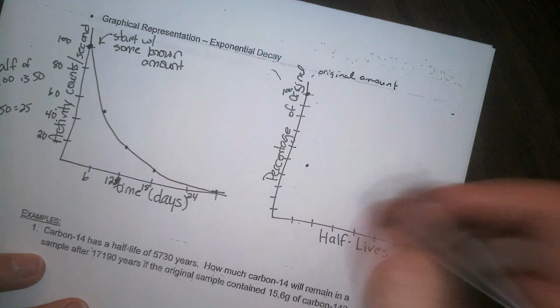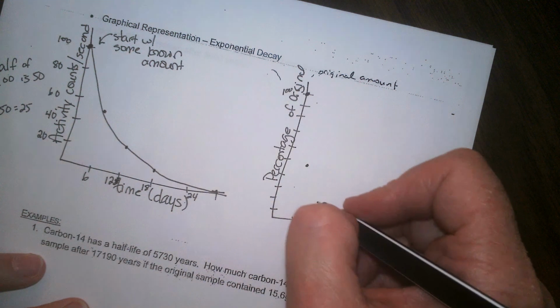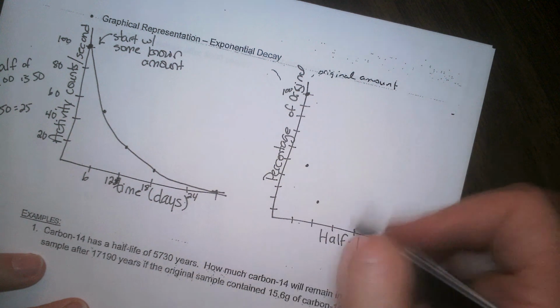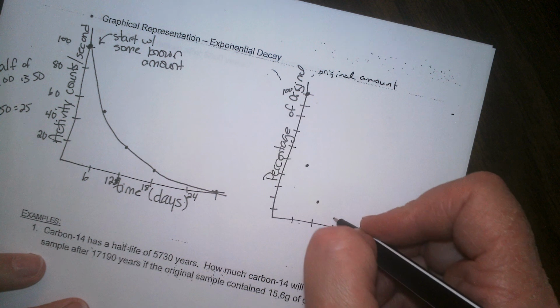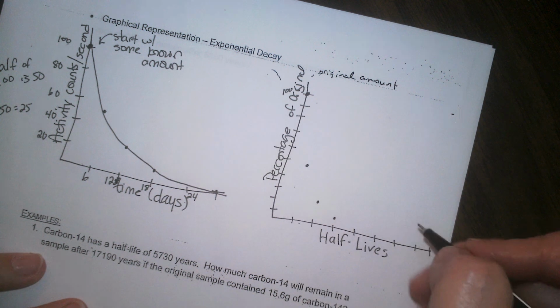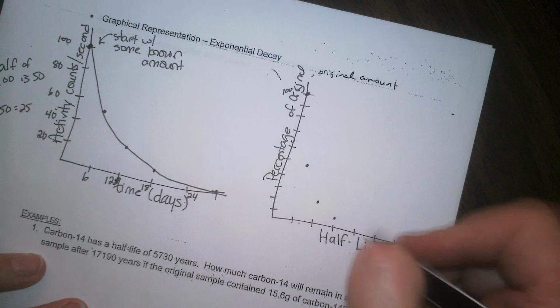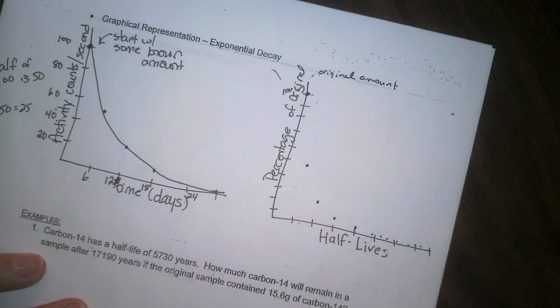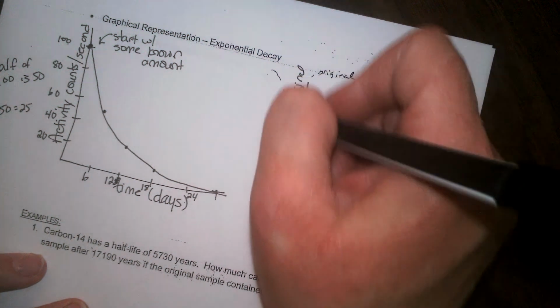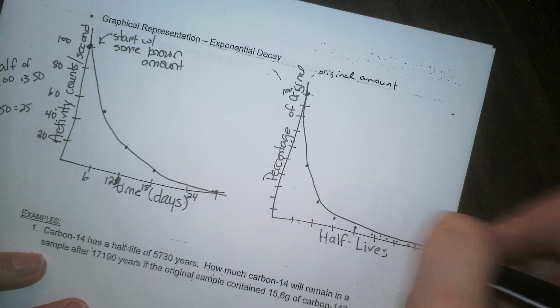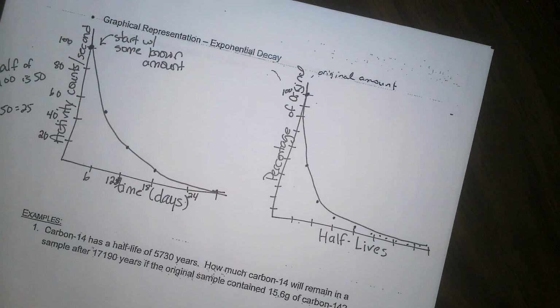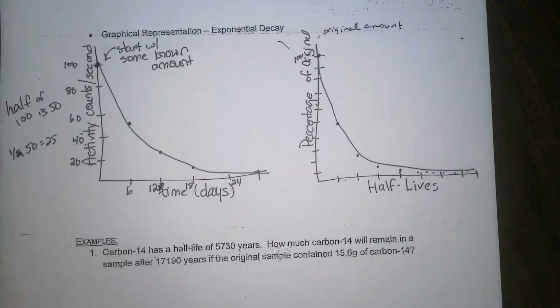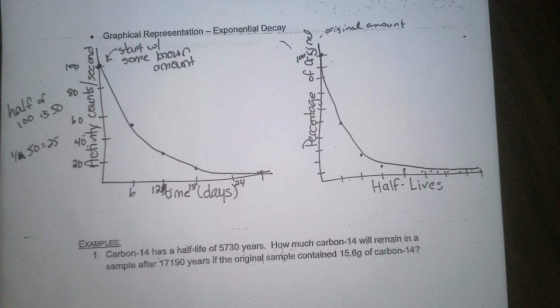In the next half-life, we would go to 25. In the next, 12.5. In the next, 6.25. So on and so forth, never actually touching that y-axis. Okay? So you've all seen an exponential graph. We've looked at exponential graphs for different purposes, and this is the purpose when we're looking at decay.